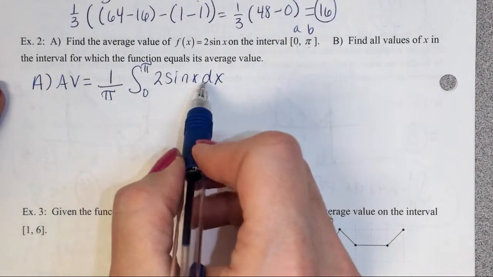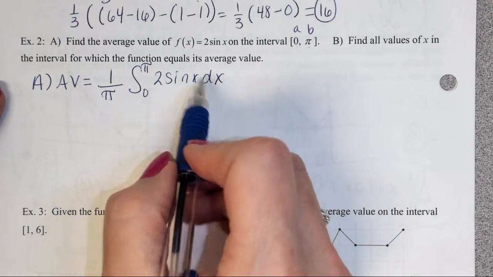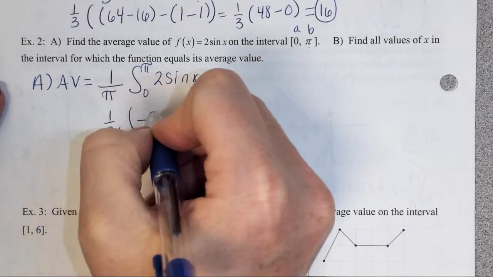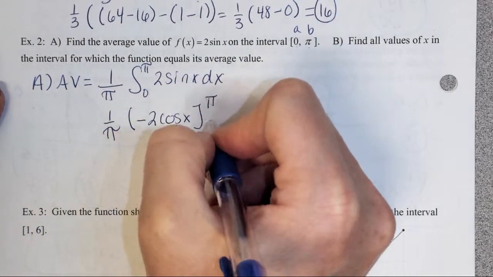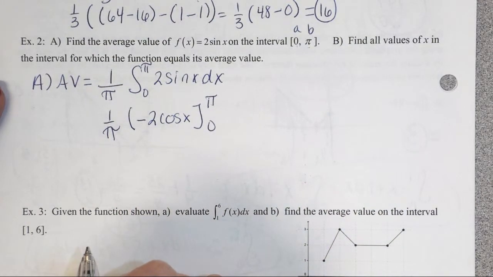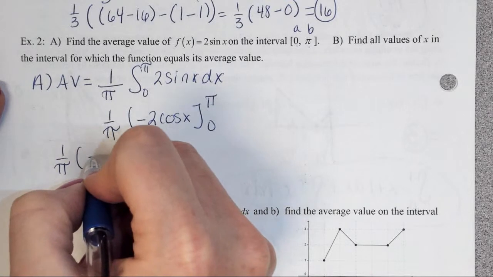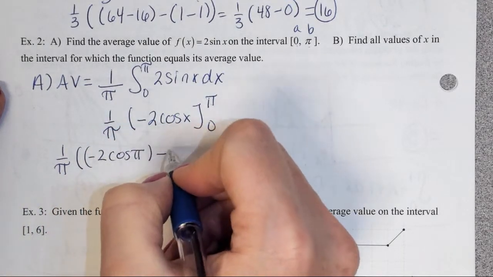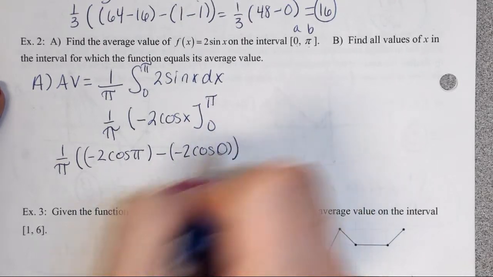What's the integral of sine x? Negative cosine x. So I'm going to get 1 over pi times negative 2 cosine x from pi to 0. So I'm going to have 1 over pi, negative 2 cosine of pi, minus negative 2 cosine of 0.